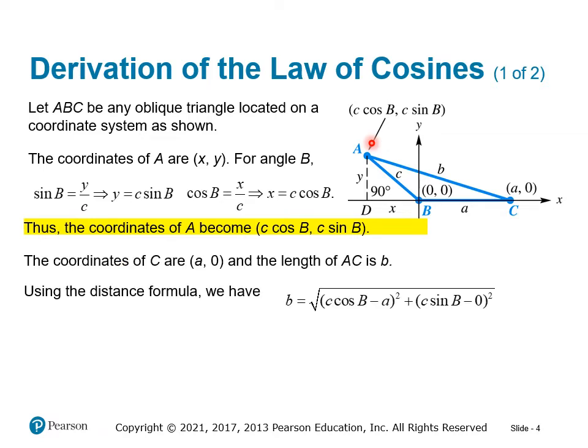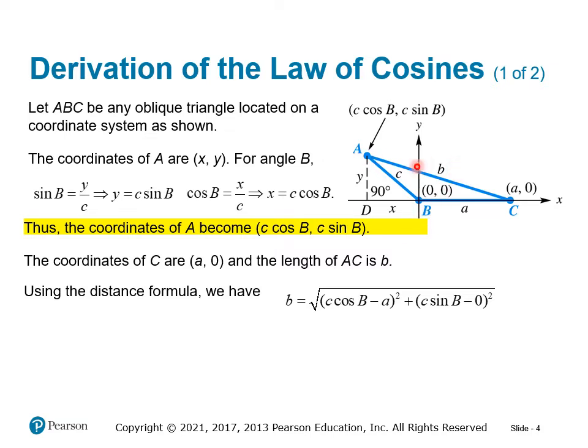Okay. We can also see that the coordinates of C is at the value a, which is the length of the side, 0 for the y value. And of course, B is centered on the origin. We can also see that the length of line segment AC is this value b that we assign using our notation for triangles, that the side opposite an angle is given that same letter in lowercase form.